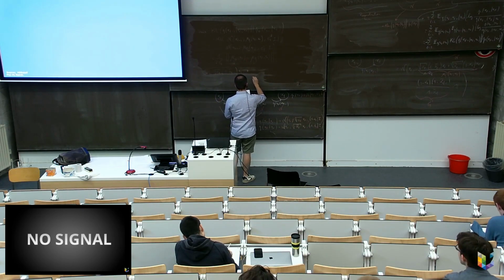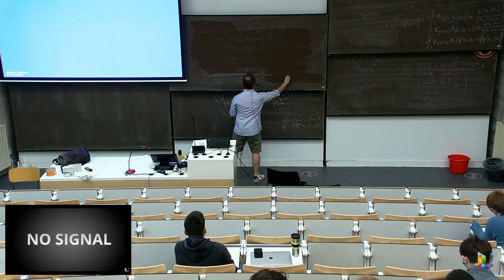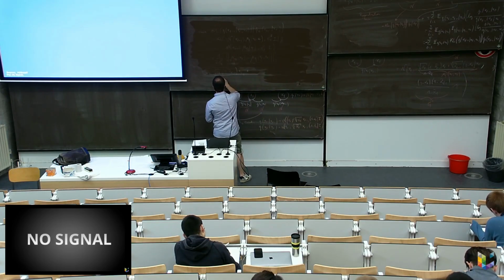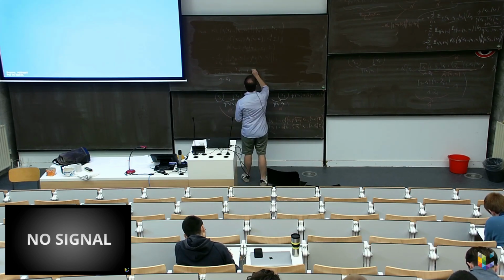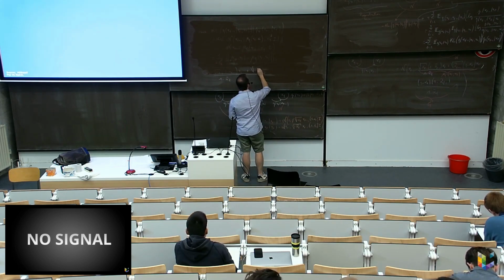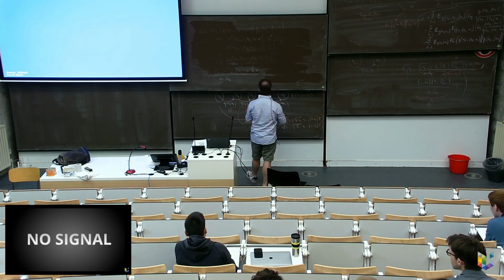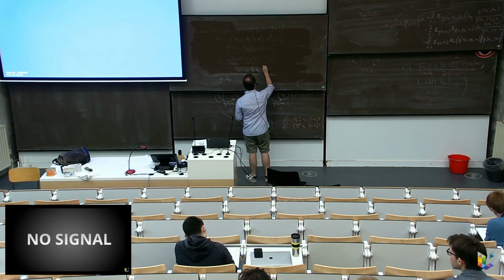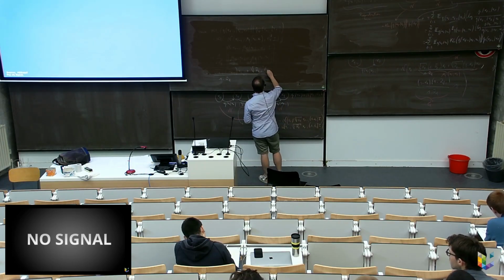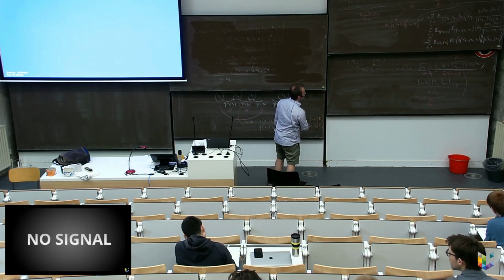Plus, and you will have a big plus, square root of alpha t minus 1 minus alpha t.